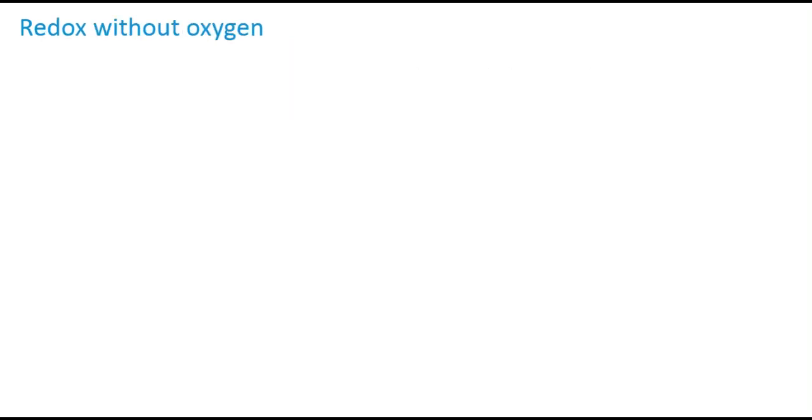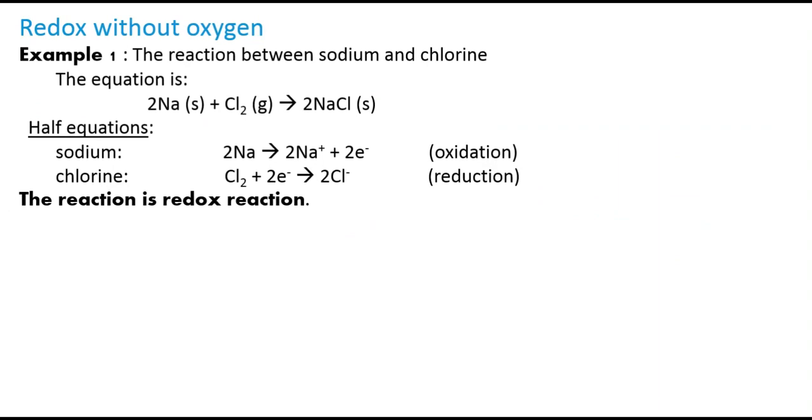Redox without oxygen. In example 1, the reaction between sodium and chlorine. Sodium reacts with chlorine to form sodium chloride. Here there is no oxygen in the reaction, but still it is a redox reaction because there is an electron transfer that takes place in this reaction.